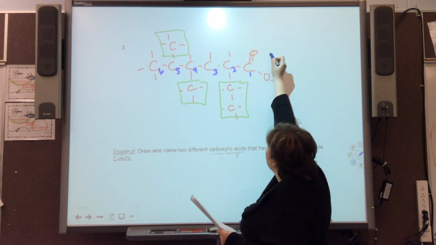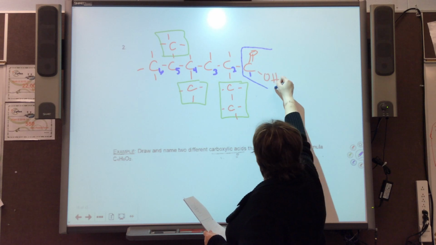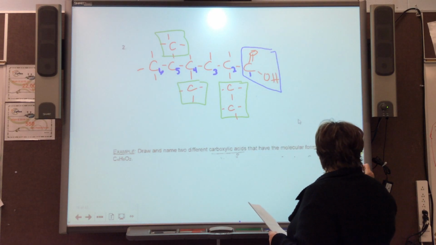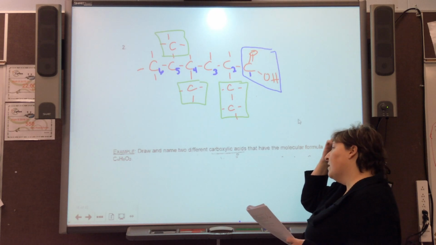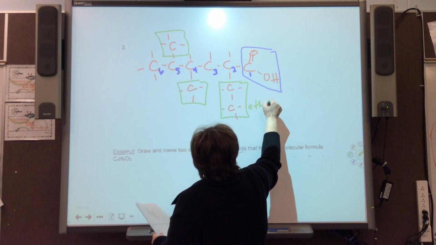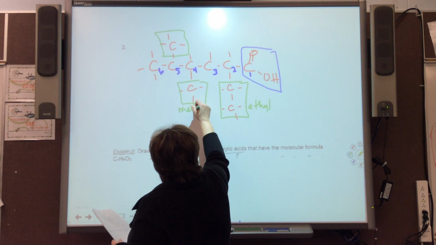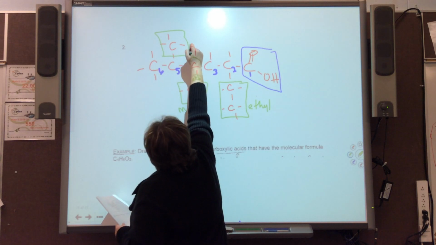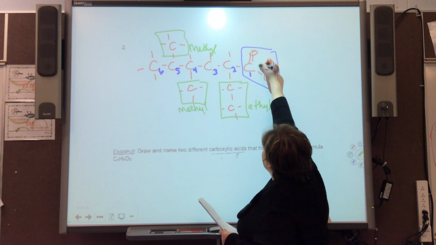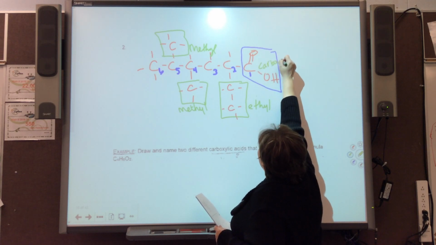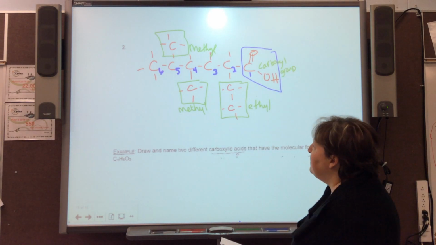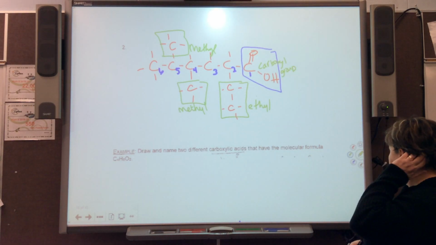And here's our carboxylic acid group. So what kind of side chains do we have? An ethyl and 2 methyl? Okay, so this is your ethyl. This is a methyl. And this is a methyl. Okay, this is our carboxyl group. So we have 6 carbons.